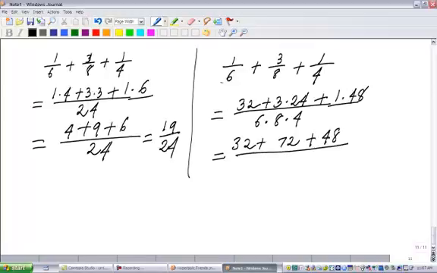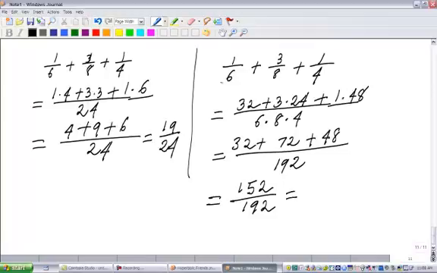This denominator is 192. And 48 plus 72 is what? 70 plus 50, so that's 120. 120, 30, 152. Divided by 192. How come these two are not the same?